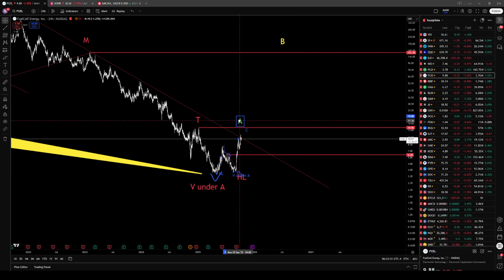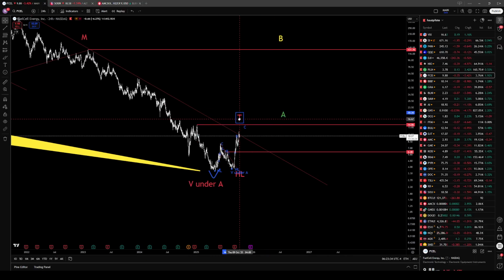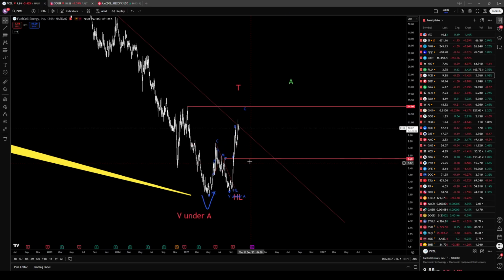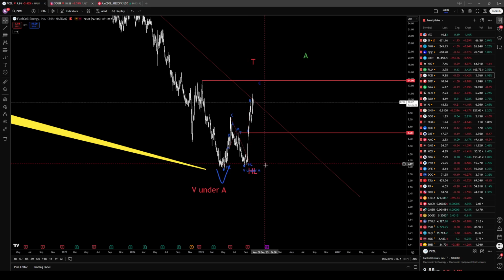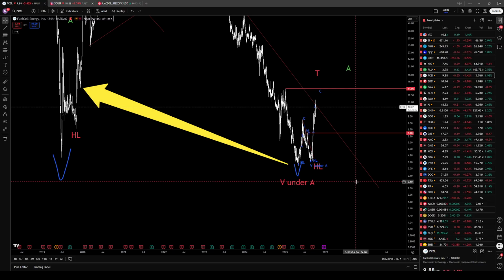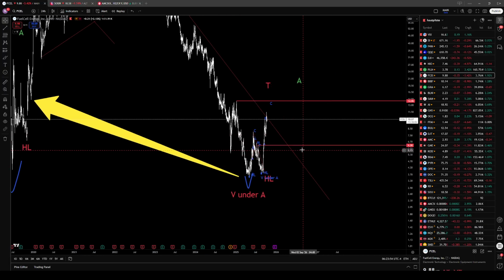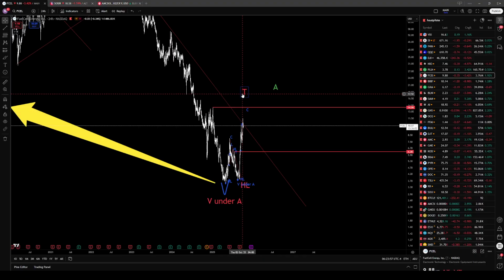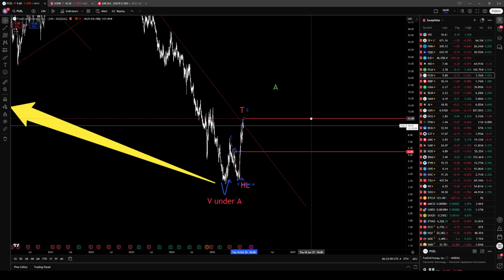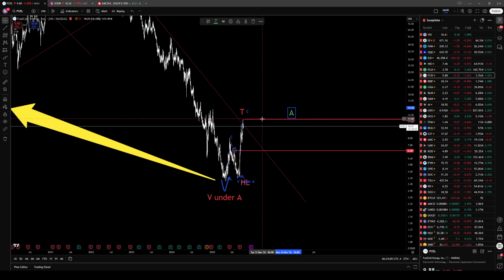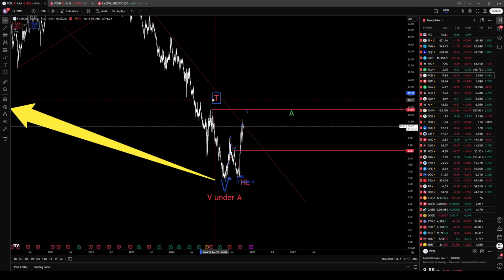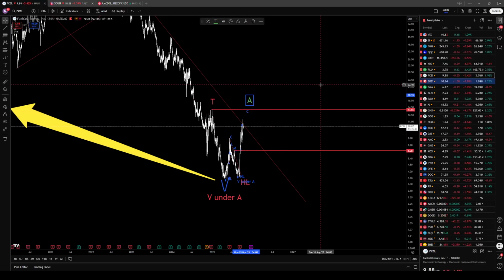But for the sake that we have to have an alternative, if we break under 727 again, I would say again, this wasn't your real higher low, this wasn't your V under A, and you would look for a new low, and then again V under A, higher low, and so on. And in that case, your A target would just be a little lower. Your B target wouldn't change. But right now I don't see that.